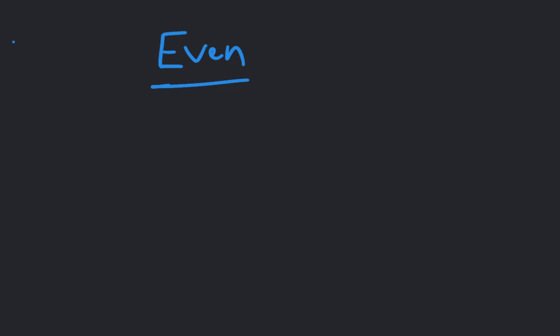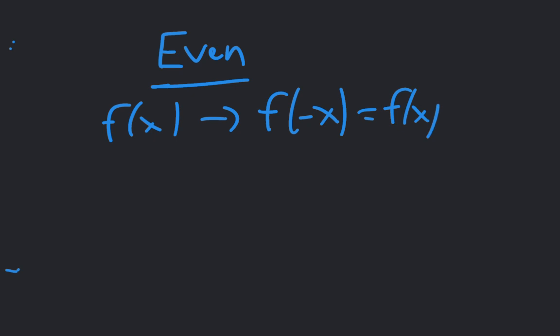What we do is we will put negative x into the argument of the function. So if we have f of x and we put in negative x, that's going to be f of negative x, and this function is even if this is equal to f of x for all values of x.